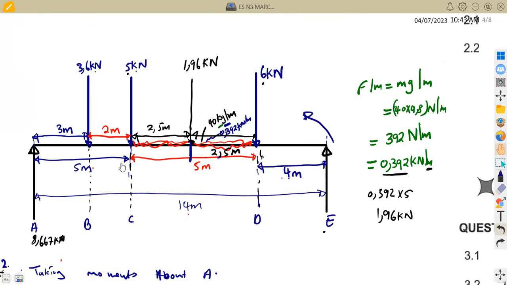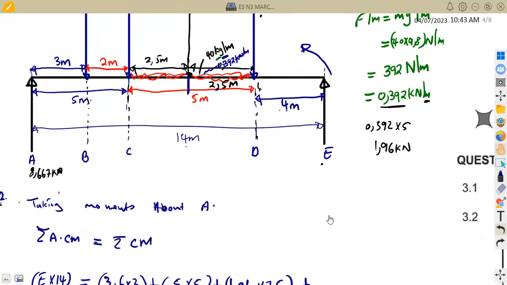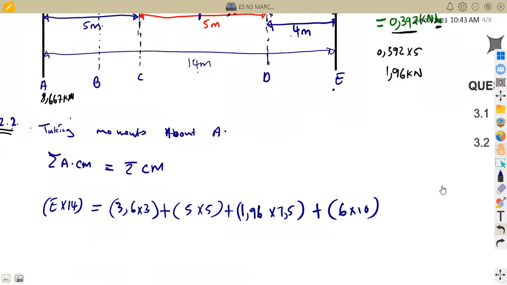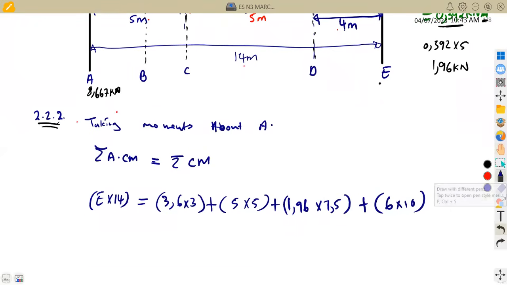So this is 5 and another 5. So 5 plus 5, that is going to give us 10. So that's 6 times 10. The distance is 10 meters. So 6 times 10. All right, so like this, we can calculate the value of E if we combine everything.